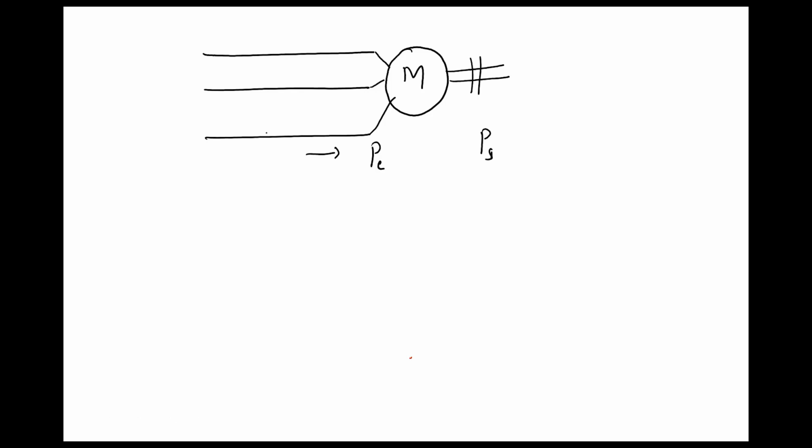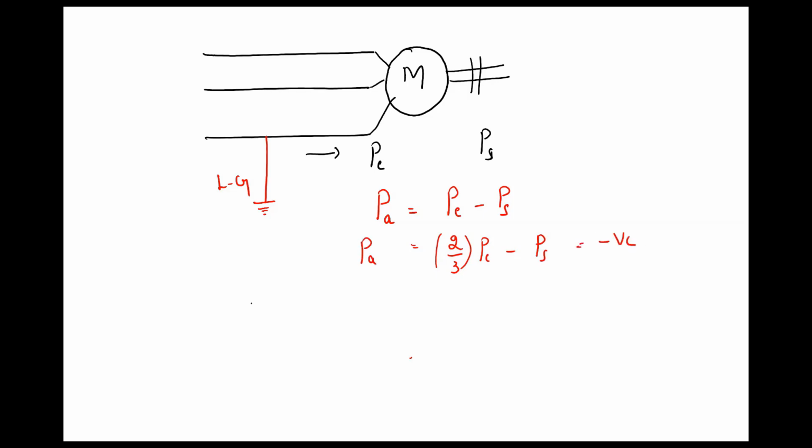Suppose a fault occurs at the input side, suppose an LG fault occurs at the input side, then which value is reduced? The input power is reduced. So your PA becomes PE minus PS. That is, if one phase is faulted, it will become 2/3 into electrical input minus PS. So this PA becomes negative.